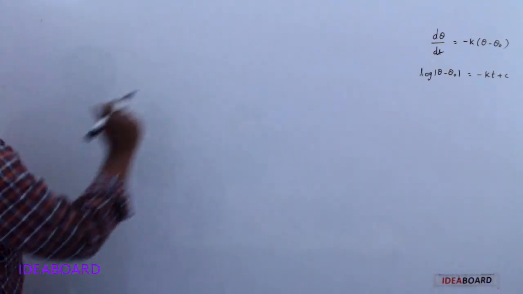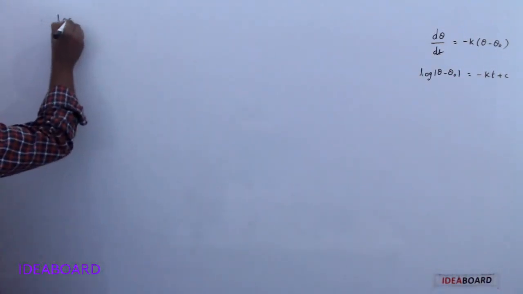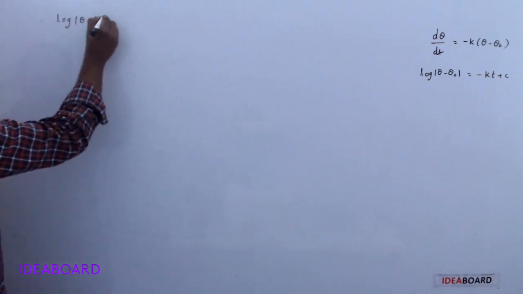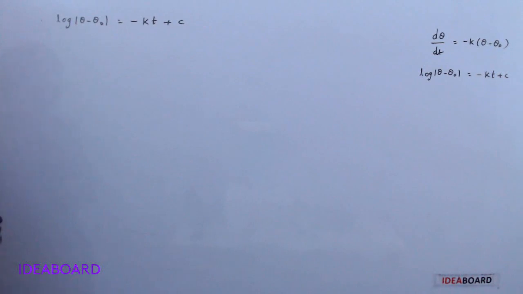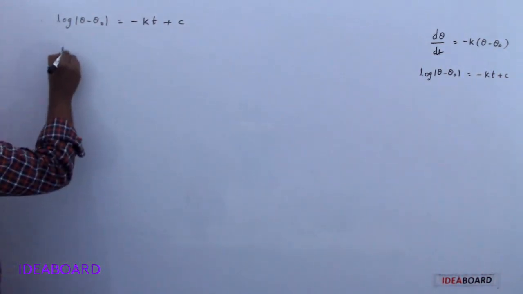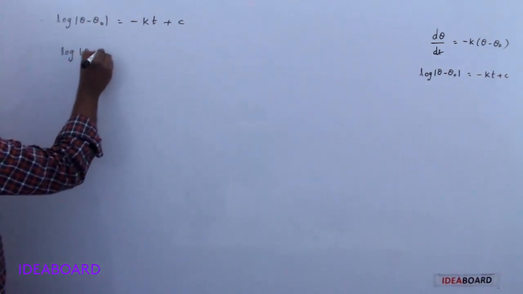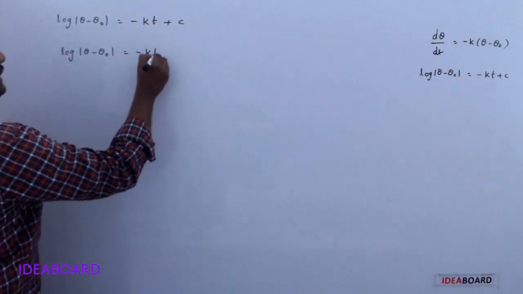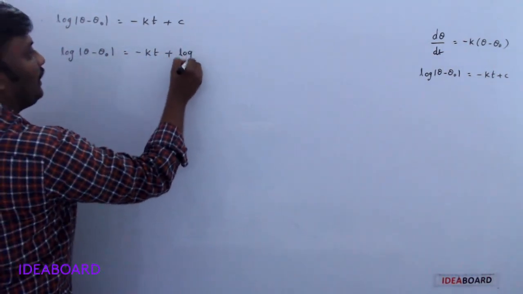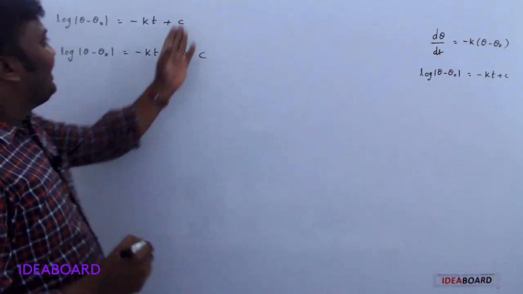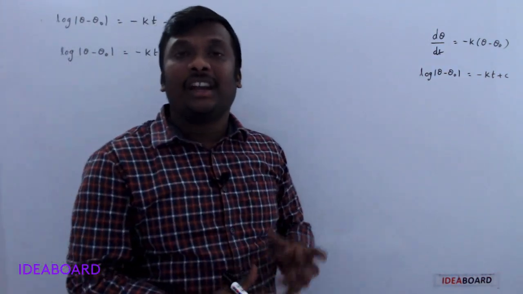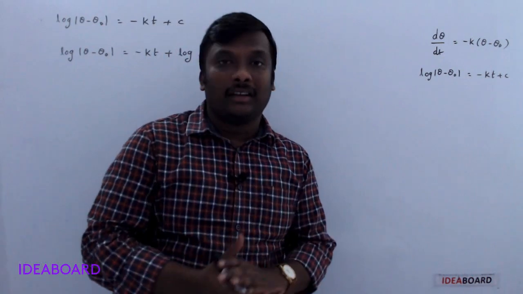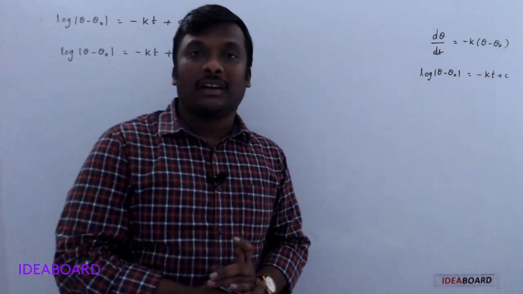For that, take the equation log (theta minus theta naught) is equal to minus kt plus c. Now this equation we may write as minus kt plus log c. Here c is the integration constant, and I have taken that integration constant as log c. There is no variation.